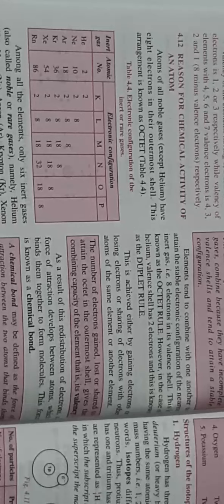Because their outermost shell is complete and contains 8 electrons, a rule was given that an element which attains or tries to complete its octet, or 8 electrons in the outermost shell, is a stable element, because the octet is a stable electronic configuration.